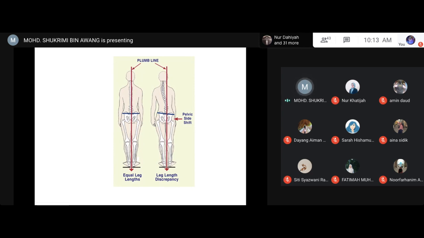We call it Adam test, and see whether the scoliosis remains or disappears. If the scoliosis disappears when patient bends forward 90 degrees, meaning that it's just postural. It could be because of the pelvic tilt or because of position only. But if you ask patient to bend forward and the scoliosis remains, most probably it's a structural one. It could be due to the bony problem.